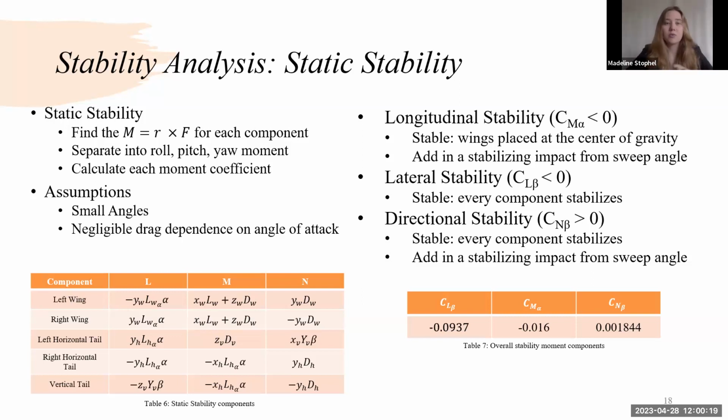All of our design was stable in each direction. And our lateral and directional stability were stable entirely, and every component that contributed to that coefficient was stable as well.